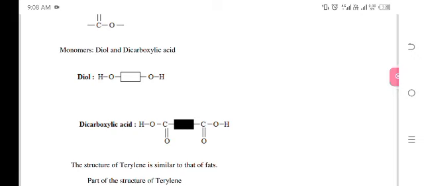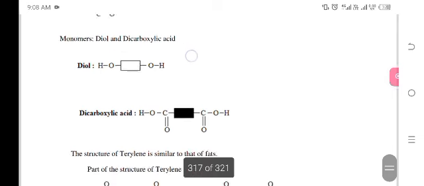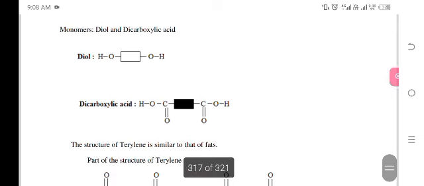So what is the functional group of an alcohol? OH is the functional group of an alcohol. This is the OH here. So usually they get a diol because a diol has two OH groups.